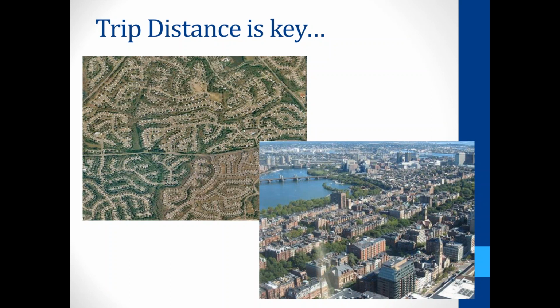Whereas the grid pattern on the right, yes, it is an urban environment, but much more conducive to getting from point A to point B because you're not having to take that meandering path. You're doing a much more direct route.